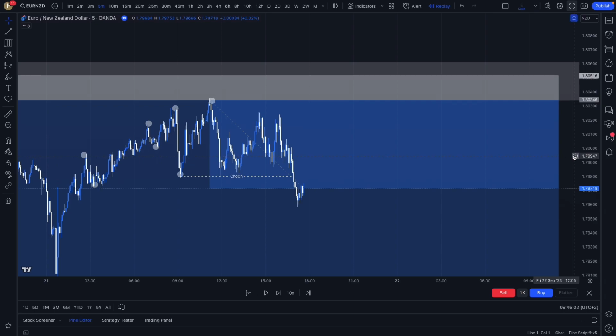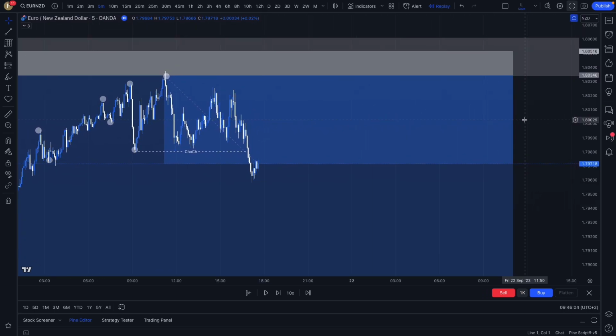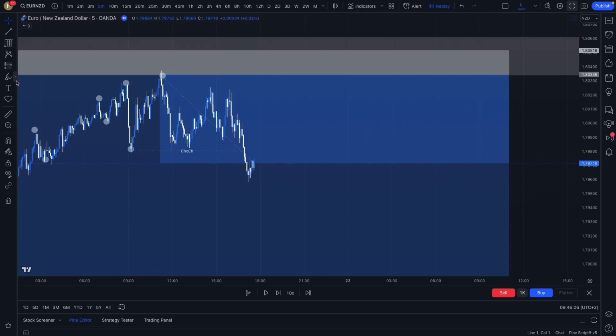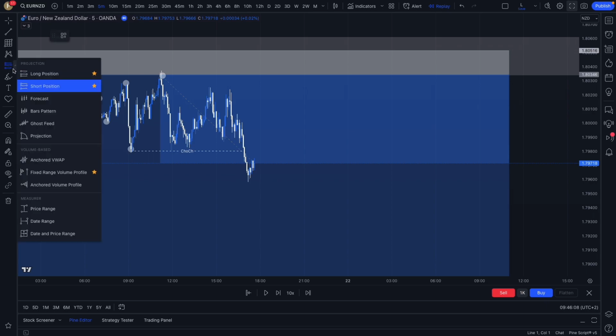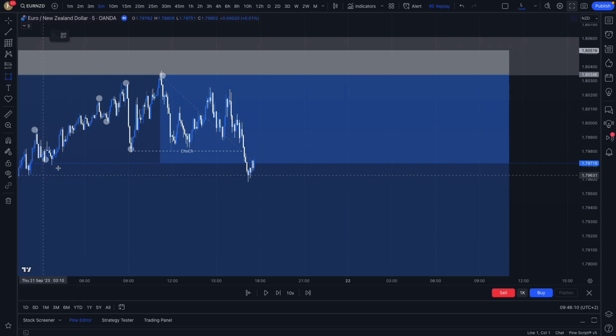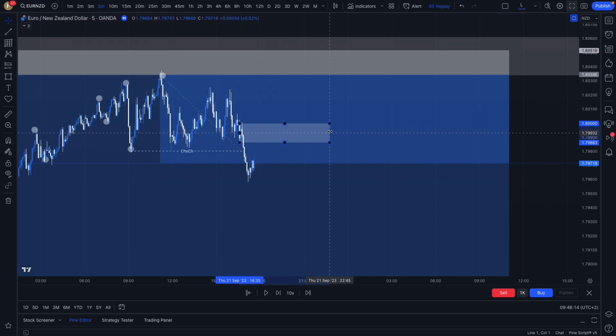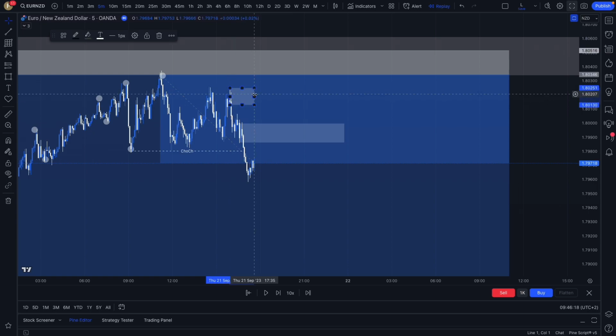Now, for our entry, there are two things we can do. We can put our entry on the supply that broke structure, the last point that broke structure, or we can put our entry on the extreme zone.